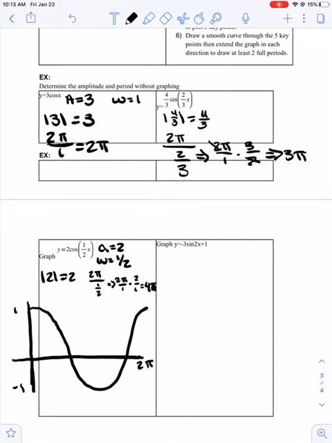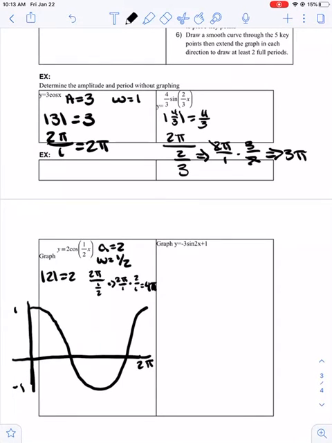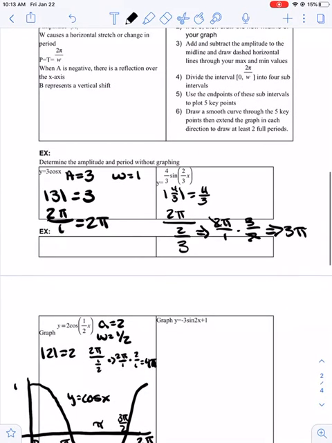I'll just draw our original first, and it goes to 2 pi. And we want to always label 5 points. So the x-intercept is pi over 2, this is pi, and then this is 3 pi over 2 at the other x-intercept. So that's our original y equals cosine x graph.